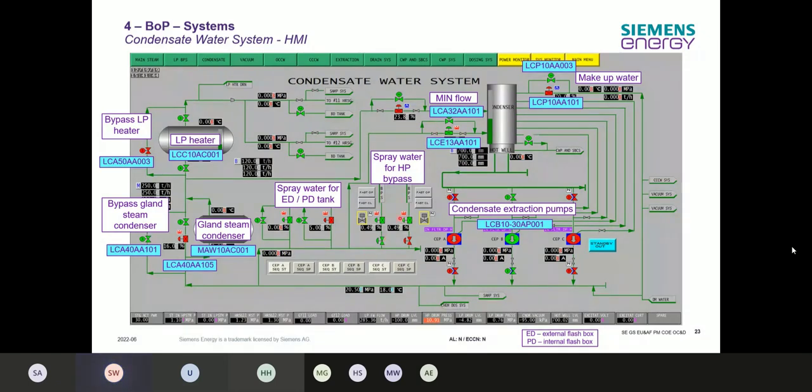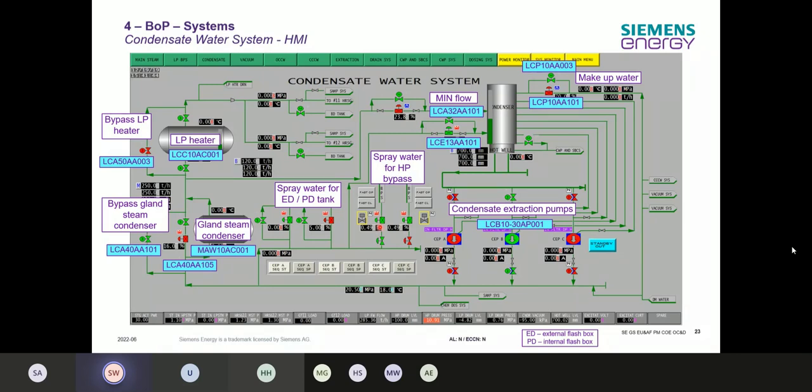Over here, there are then the lines for our HP bypass station, or desuperheating and depressurizing stations, bypass stations. So therefore, we need to spray water in, because when the high pressure steam is sent directly onto the condenser, that would not end well for the condenser.